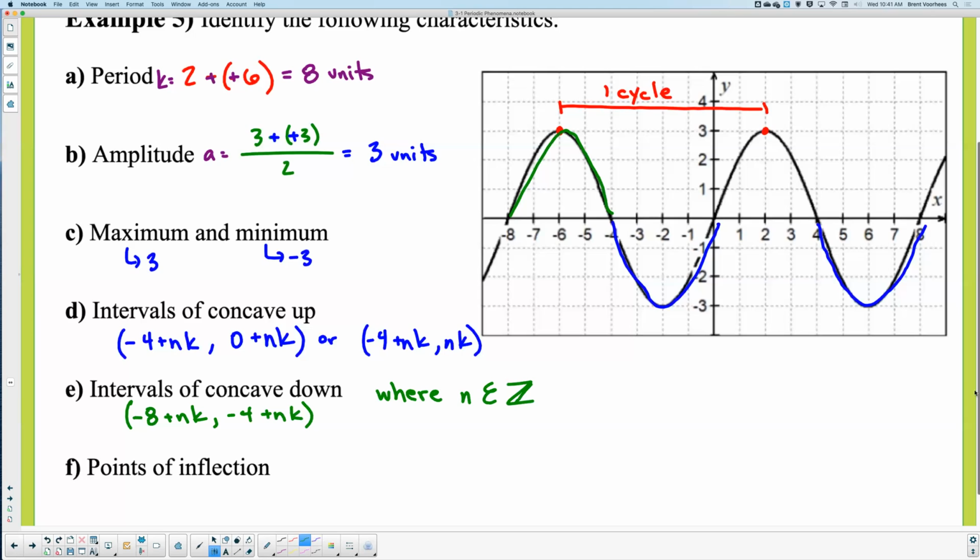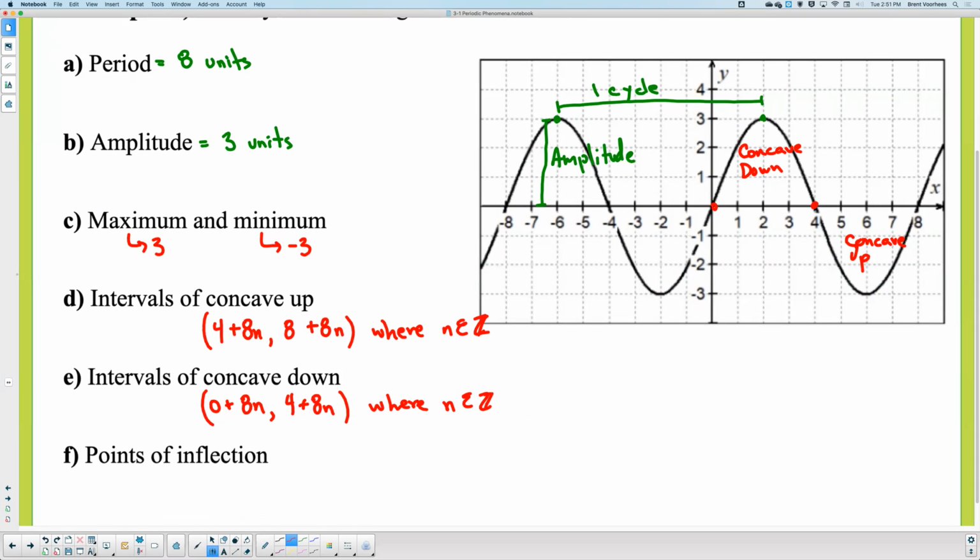The points of inflection. I want to draw them here. The points of inflection are where you change from concave up to concave down. At 0, 4, 8, these are the points of inflection. What's 0 plus 8n?